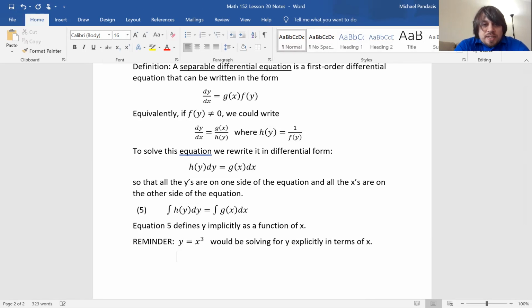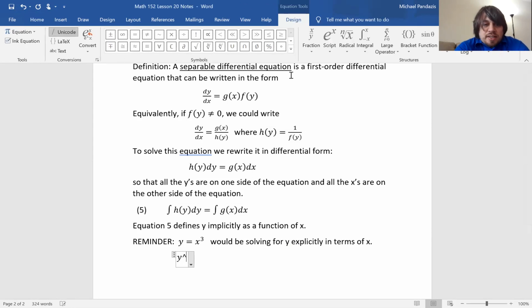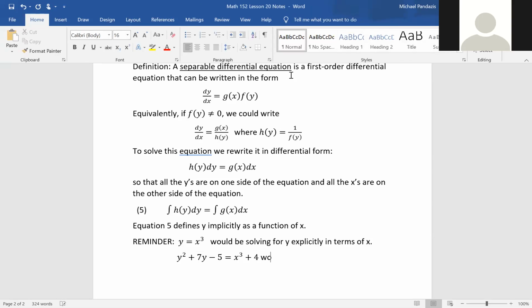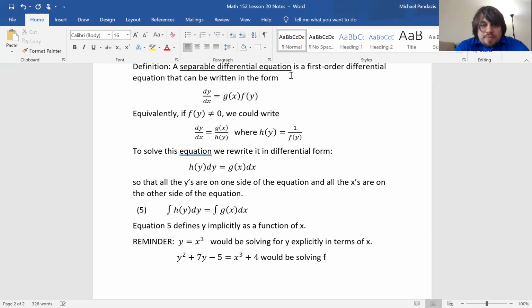If you had the equation y squared plus 7y minus 5 is equal to x cubed plus 4, this would be solving for y implicitly in terms of x.